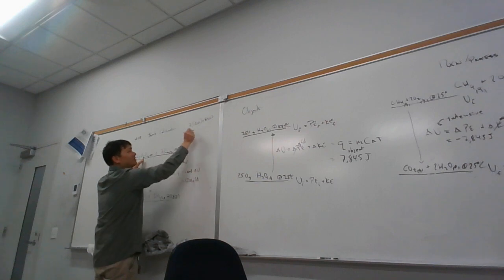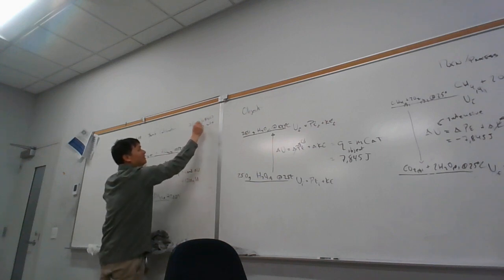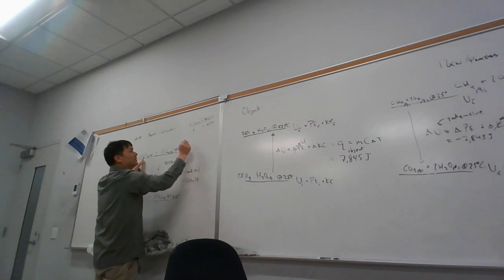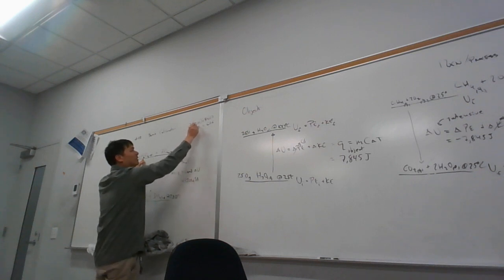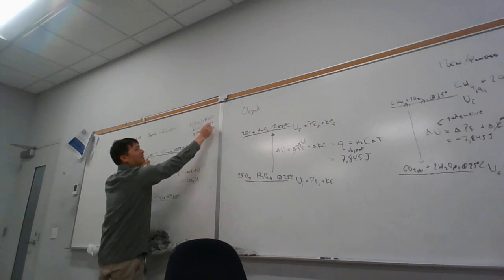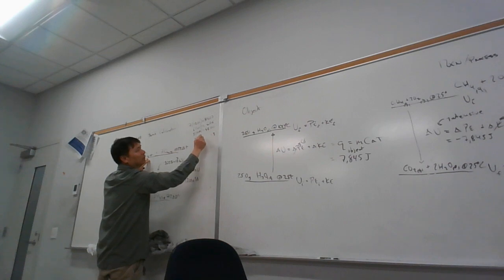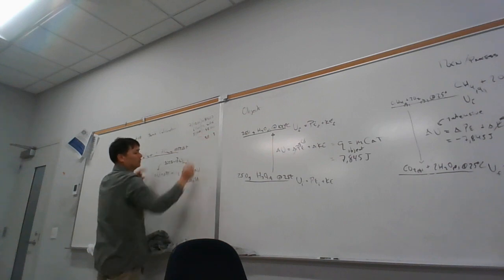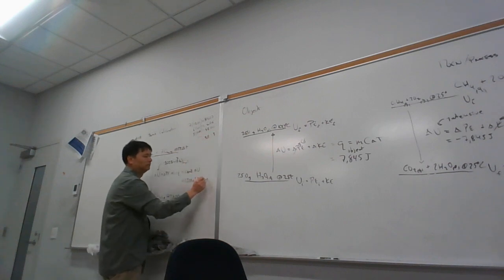Then I have 6 hydrogens, 6 times 1.01. And then 3 oxygens, 3 times 16 is 48. So it's 138. One mole of salicylic acid weighs 138.13 grams.